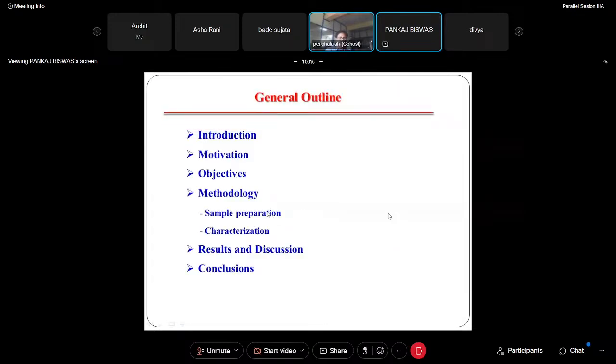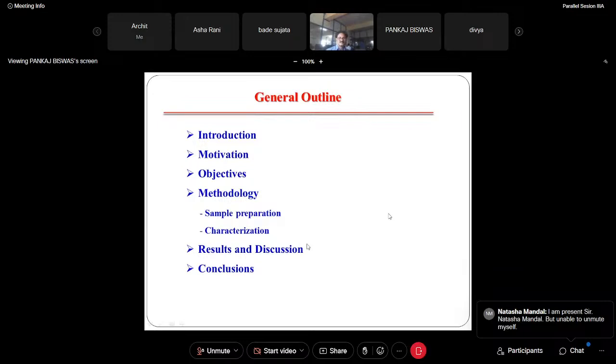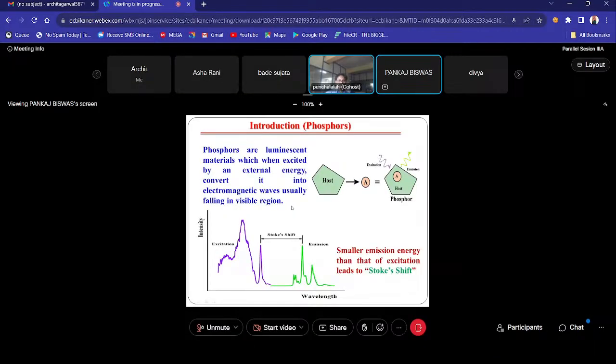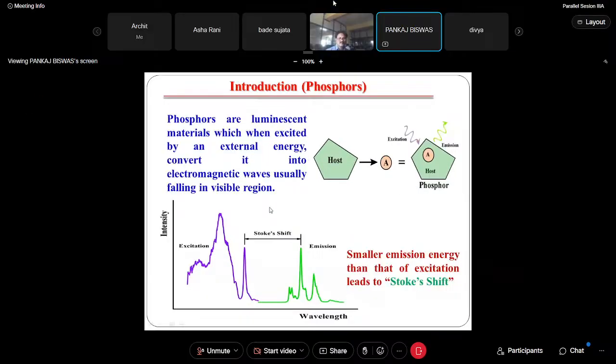The general outline of my work is introduction, followed by motivation, objectives, methodology, sample preparation, characterization, then results and discussion, followed by conclusions. As we know, phosphors are luminescent materials which, when excited by some external higher energy, convert it into electromagnetic waves of lower energy, higher wavelength.